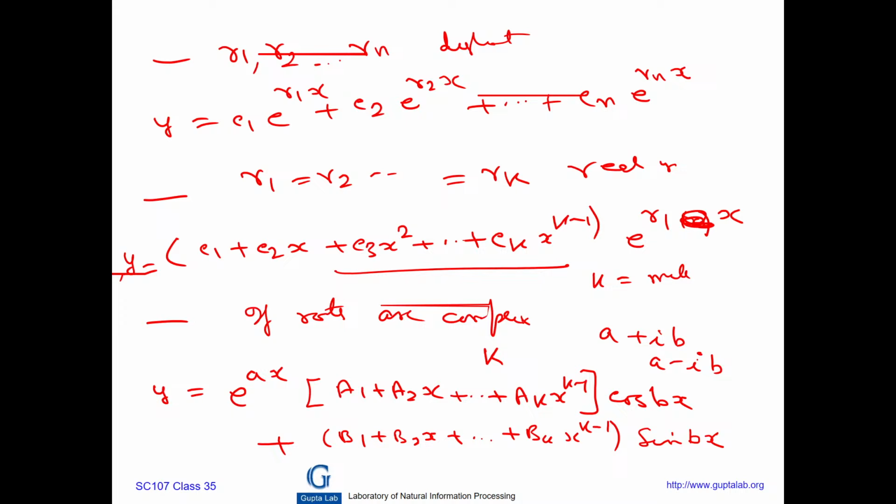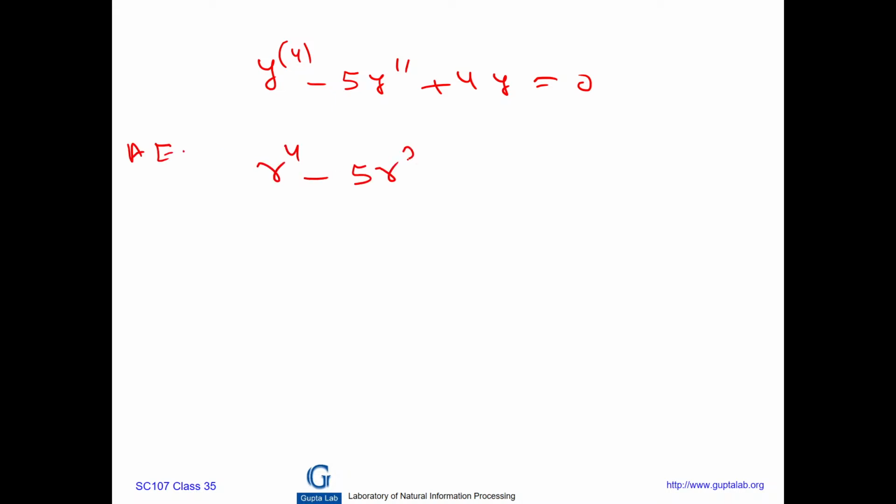So, not going too much into it, but at least one example I can do. Suppose the fourth derivative minus 5 y double prime plus 4y is equal to 0. The auxiliary equation is r raised to power 4 minus 5 times r square plus 4 is equal to 0.